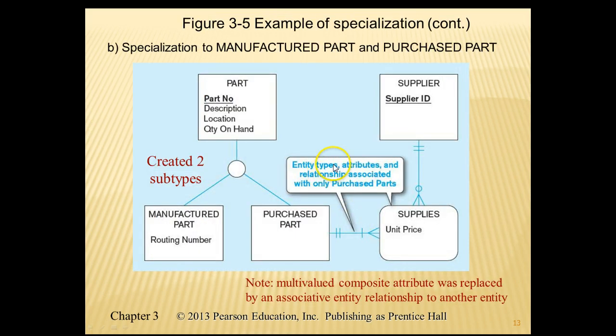So what we've done here is used an associative entity to form the relationship between supplier and purchased parts, and this associative entity kind of takes the place of the composite attribute that we saw in the previous slide.